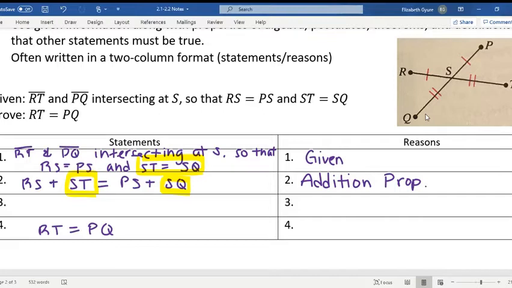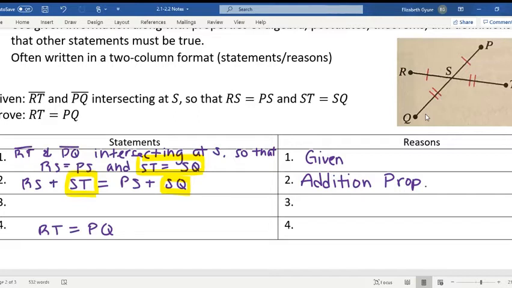Okay, so now where can we go from here? Well, again, we need to mention RT and PQ in some way because we have to end with that statement: the measure of RT equals the measure of PQ. Right? If that's where I want to end, at some point before then, I have to mention them. They're not just going to magically appear in my proof.